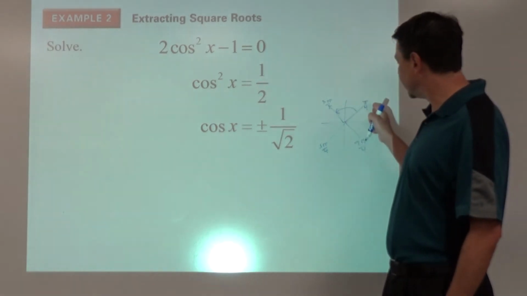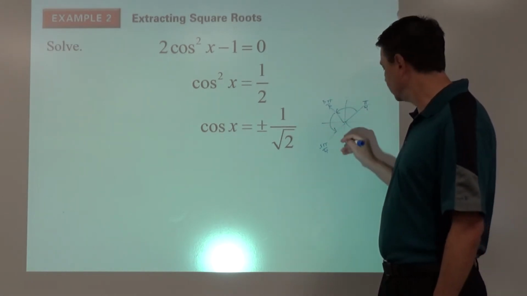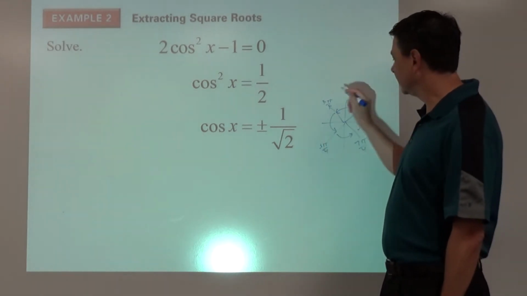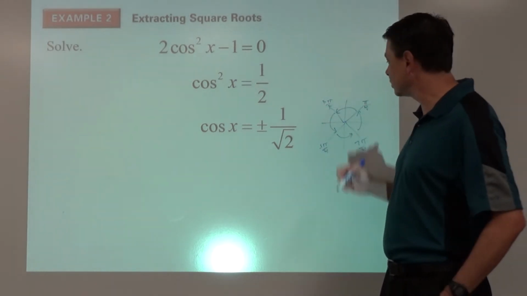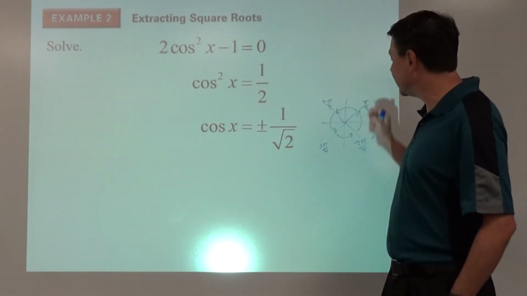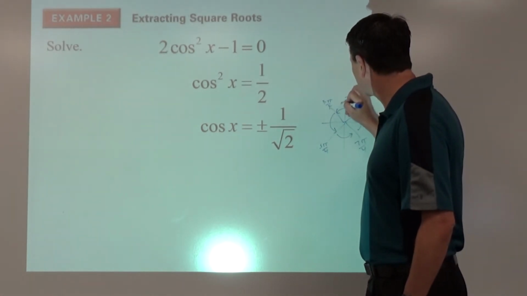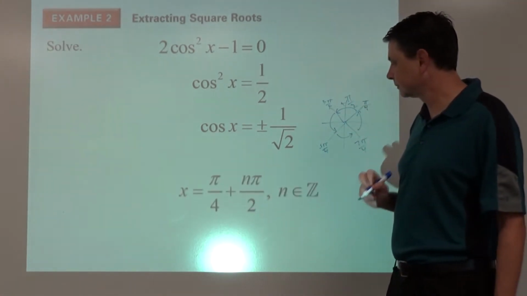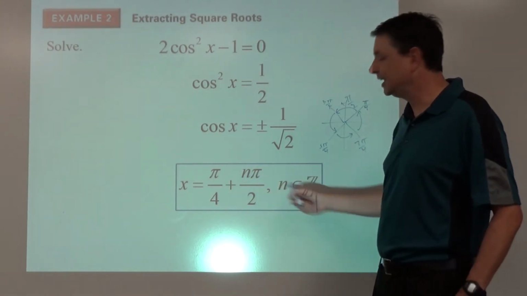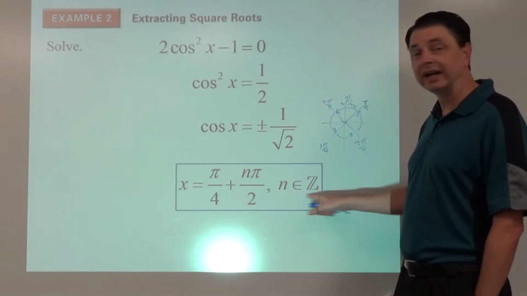If we just start at pi over 4 and add pi over 2, add a pi over 2, add a pi over 2, and add a pi over 2, then we're going to hit all the solutions anyway. So we could do the 4 of them, or more efficiently, we could just say pi over 4 plus some multiple of pi over 2. So x equals pi over 4 plus n pi over 2, and that's going to hit all of our solutions, where n is an integer.